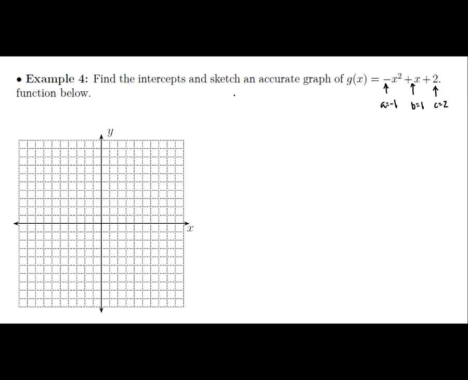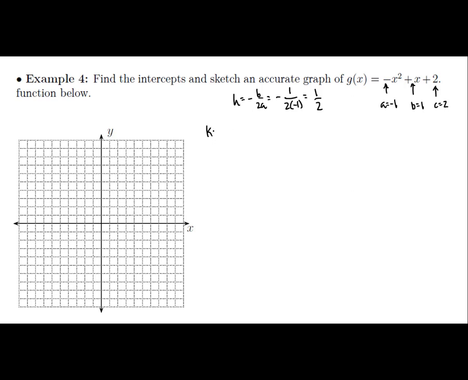So the x value of my vertex, the h, is -b over 2a. So that's -1 divided by 2 times -1, which would be 1/2.